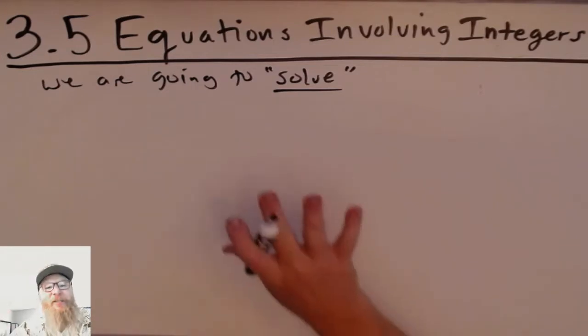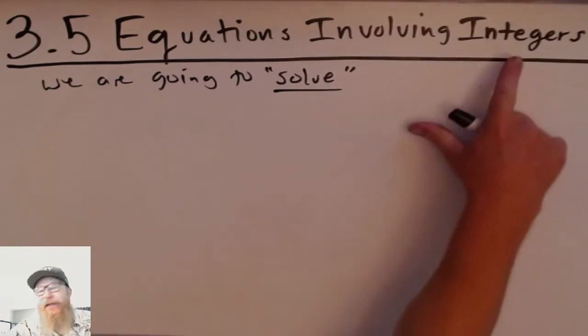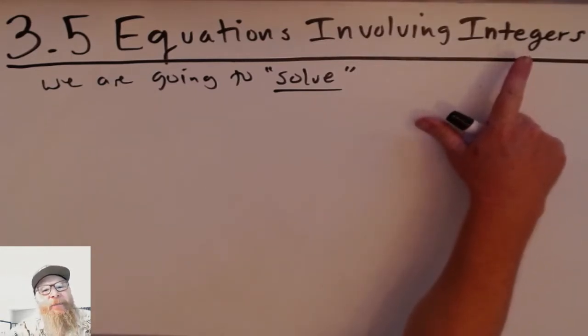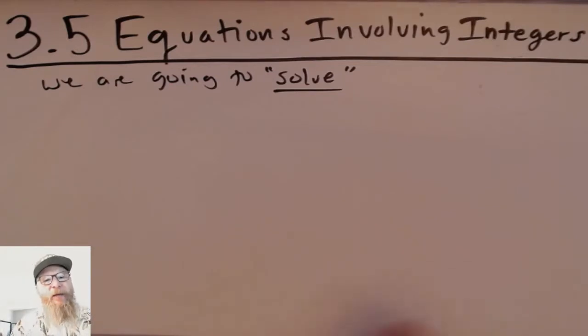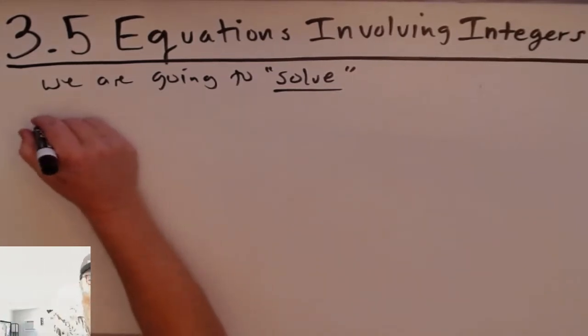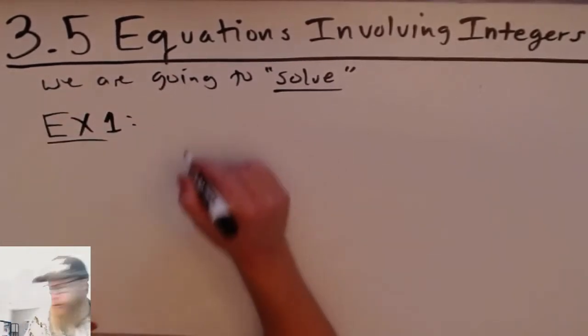The only difference between this section and the previous sections with equations is now we can involve negative numbers, and we're also going to learn a new principle or property called the division or the multiplication property. Let's go ahead and just start off with some relatively simple equations.